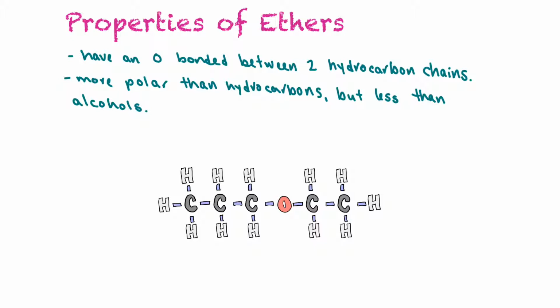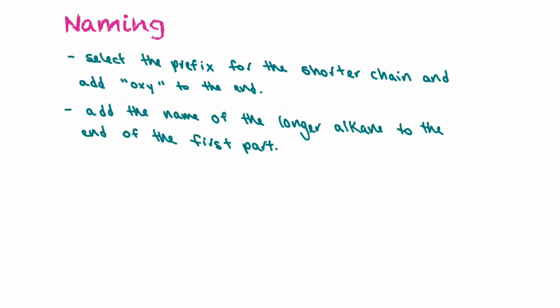Now, ethers have an oxygen bonded between 2 hydrocarbon chains, and they're actually more polar than hydrocarbons but less than alcohols. So if we take a look here, you can see the oxygen bonded in the middle. So to name an ether, you select the prefix for the shorter chain and add oxy to the end, and then you add the name of the longer alkane to the end of the first part.